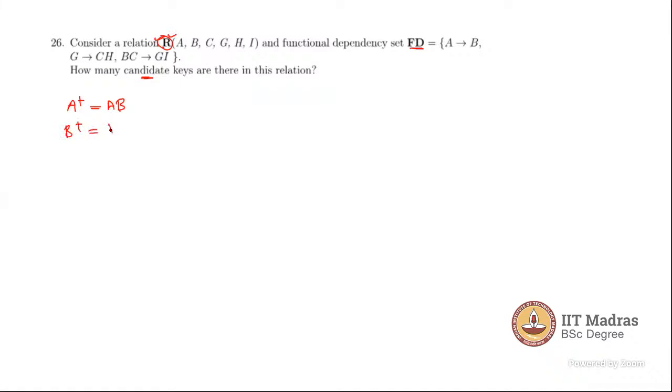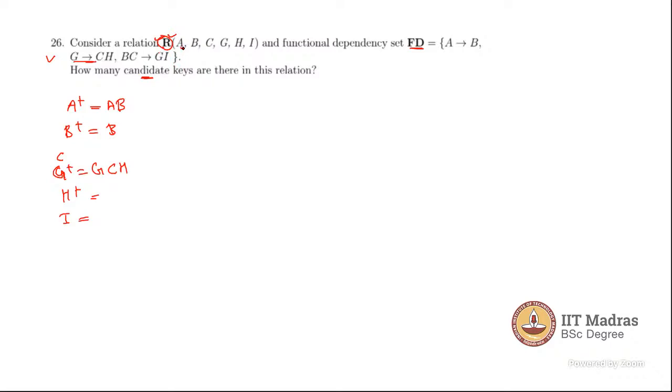From B we cannot determine anything because there is no functional dependency from B to anything. Similarly for G plus: G determines CH, and further we cannot determine anything here, so this is also not a candidate key. H plus cannot determine anything either. So individual attributes are not candidate keys here.